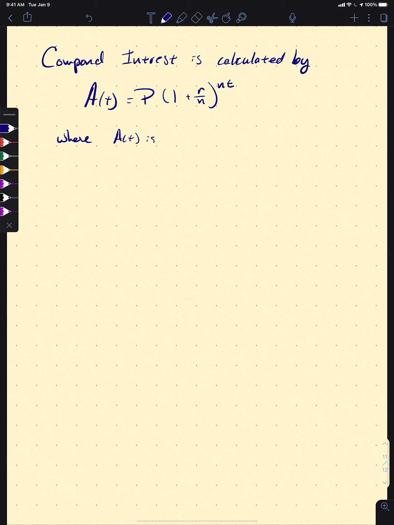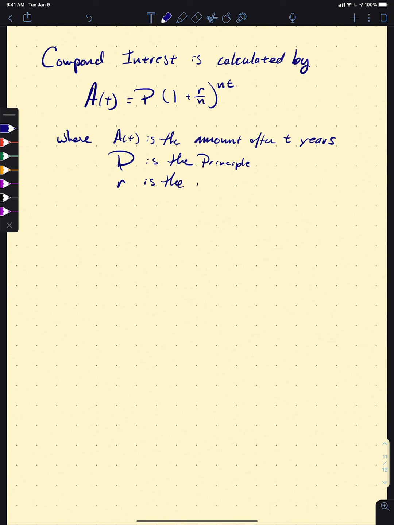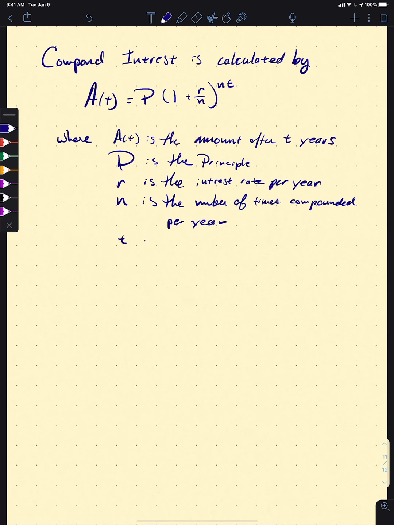We say where A of t is the amount after t years, P is the principal, R is the interest rate per year, N is the number of times compounded per year, and T is the number of years.